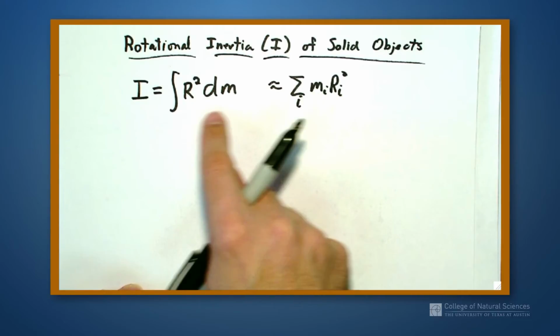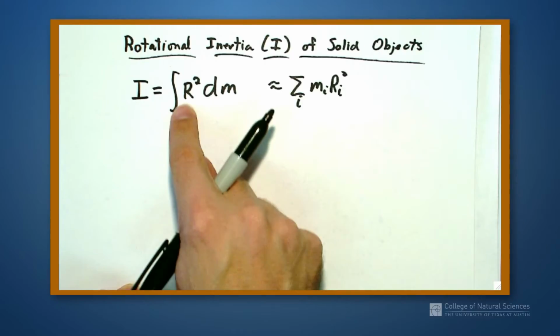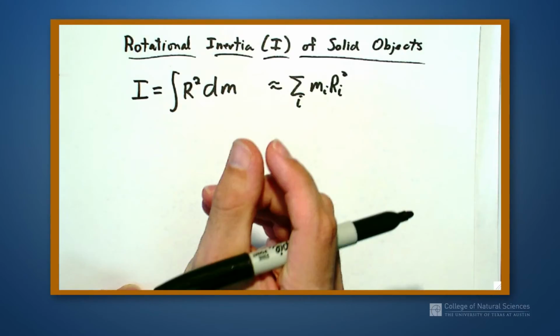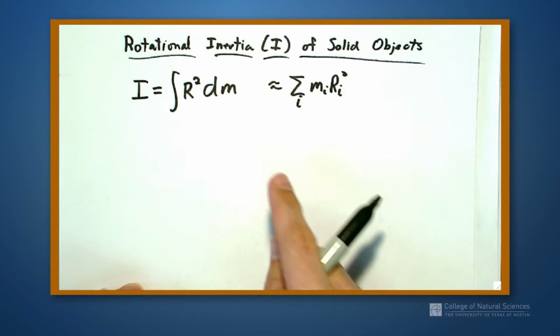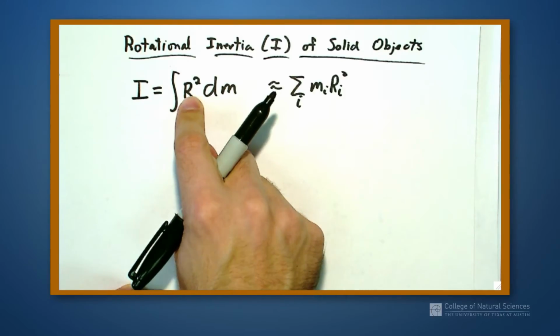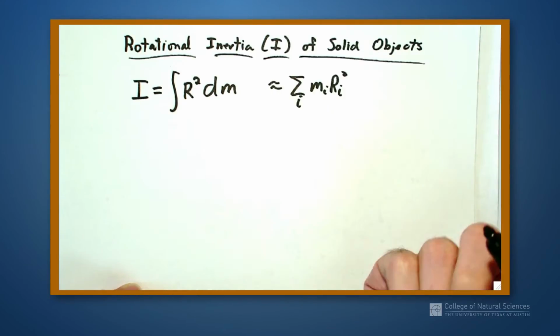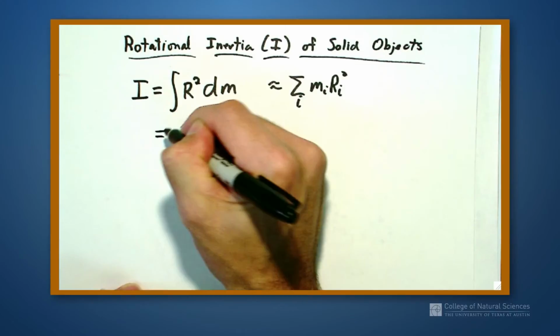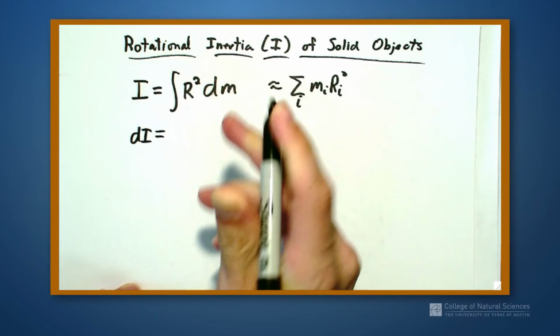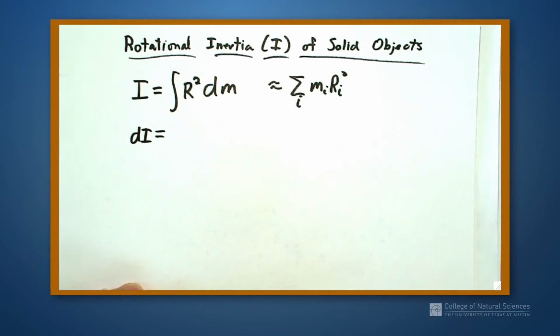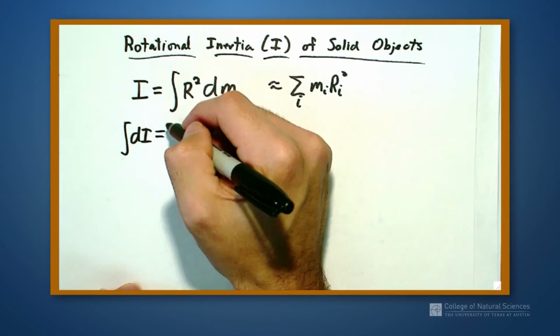The way we do this with calculus is we convert it into an integral. So we look at some small infinitesimal section of mass, we figure out where that infinitesimally small section of mass is, and we add it all up. Really, all we're doing is looking at each individual little moment of inertia, so each atom, and we add up each atom to give us our moment of inertia.